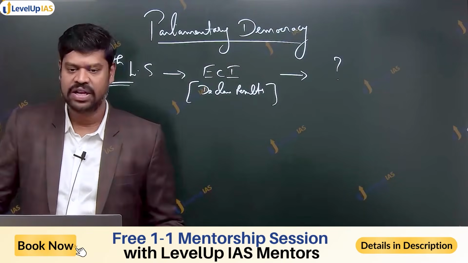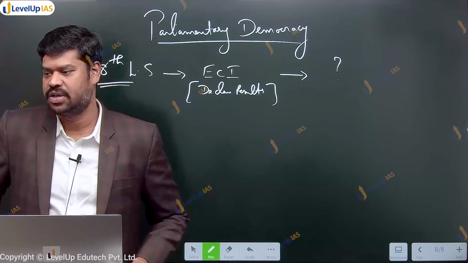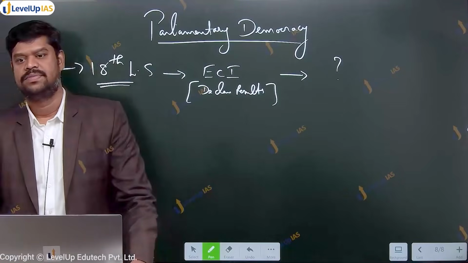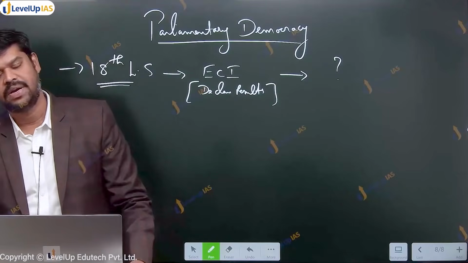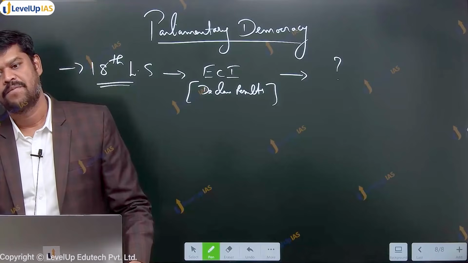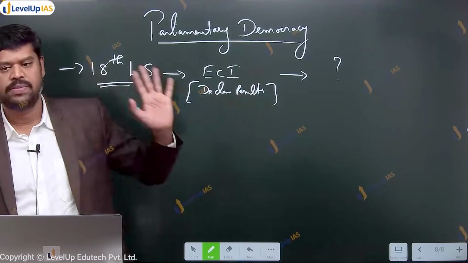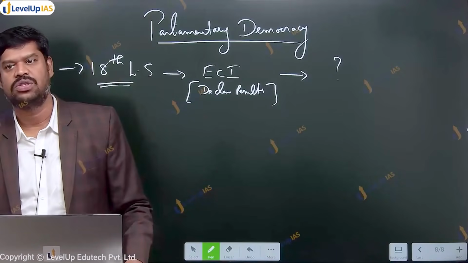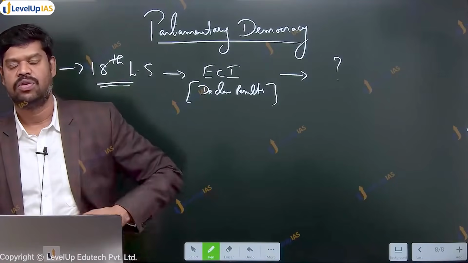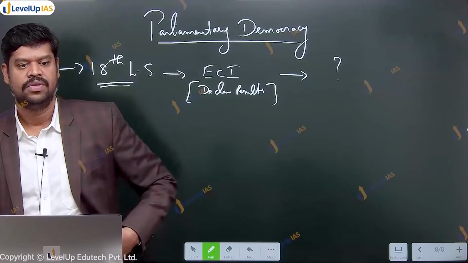Have you ever followed the elections? Let us talk about only the Lok Sabha elections. After the Lok Sabha elections, there is one party, probably the winning party. Then what happens? What will be done by the winning party? They will.